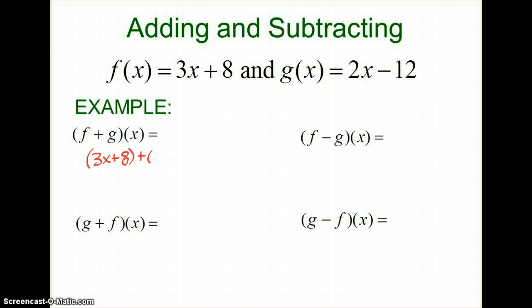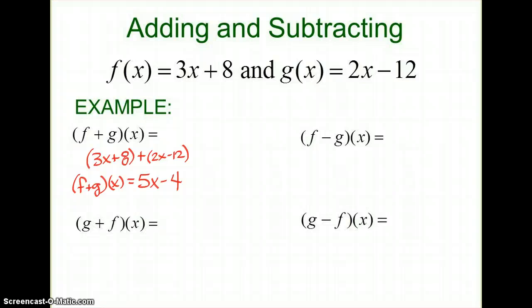And then the second one is 2x minus 12. When I put those together to get f plus g of x, since it's all addition, I can just combine my like terms. So 3x plus 2x gives me 5x, and a positive 8 and a negative 12 give me minus 4. So my function f plus g of x is 5x minus 4.